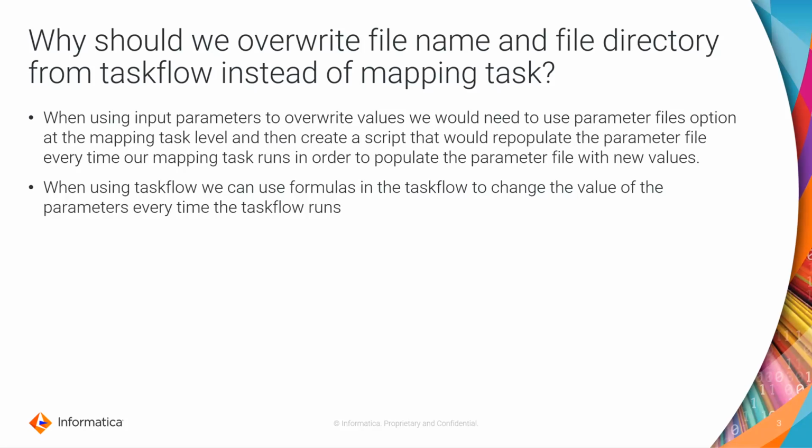If you use the Taskflow, you create your parameters for the mapping task, you have to specify them again, but it's going to be just a placeholder in your mapping task, so don't worry. And in your Taskflow, you can make use of formulas if you need to.